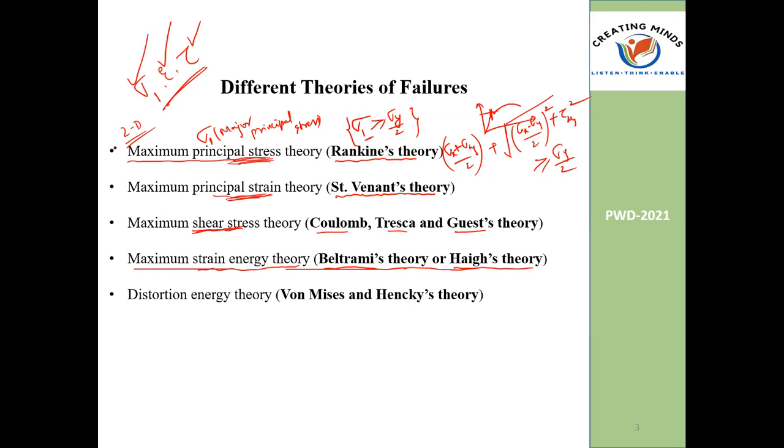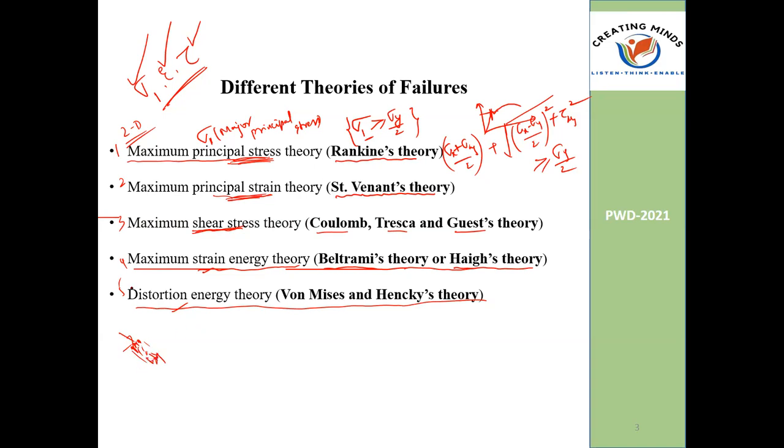So these are the 5 theories of failure. Very, very important. Distortion energy theory is also called von Mises and Hencky theory. These two, the maximum strain and distortion related to energy, is the energy stored inside the body. When subjected to load, it will come into utilization in terms of stress or strain.